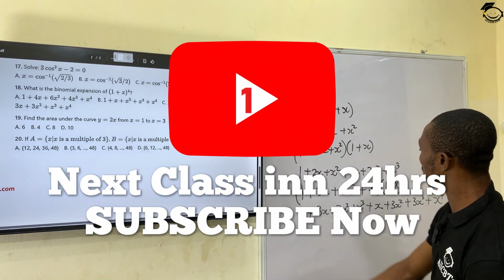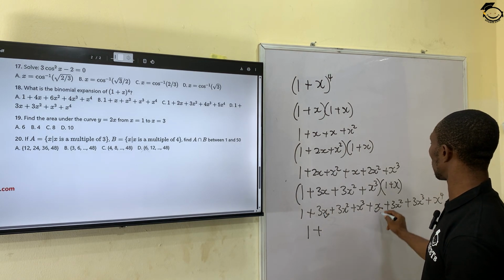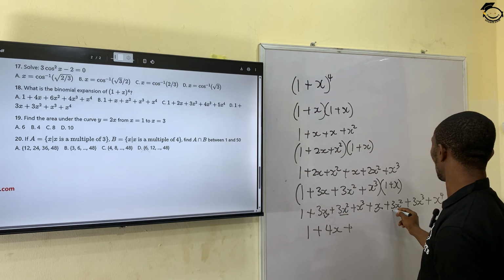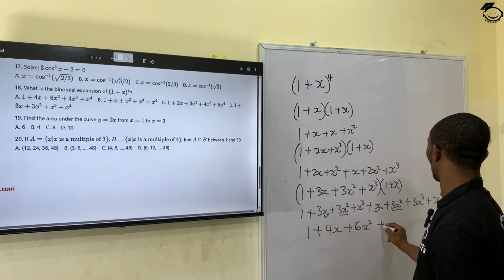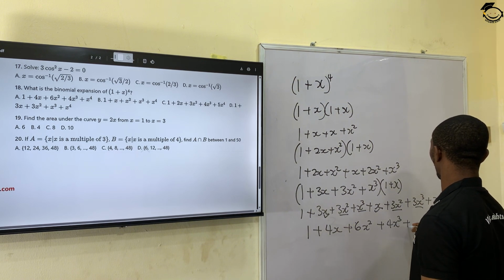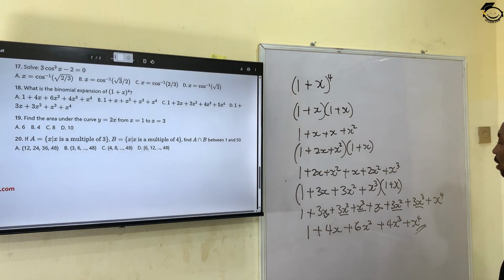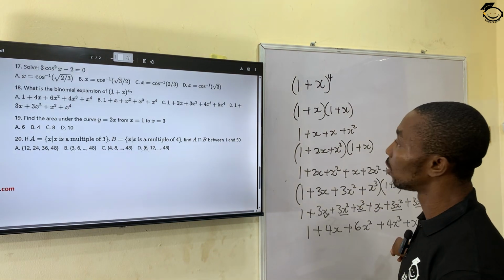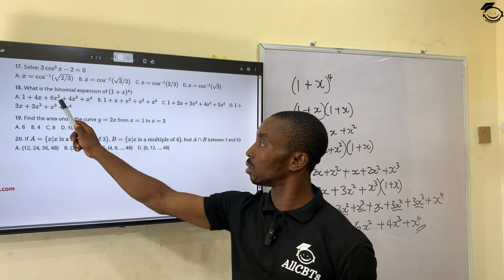Collecting our like terms together, we have 1 plus 3x plus x, which gives 4x, plus 6x squared, plus 4x raised to the power 3, plus x raised to the power 4. So this gives us our final answer: 1 plus 4x plus 6x squared plus 4x cubed plus x to the power 4, which is our option A.